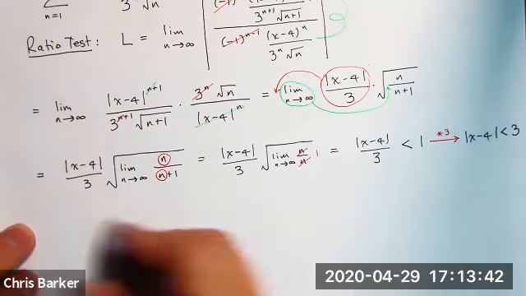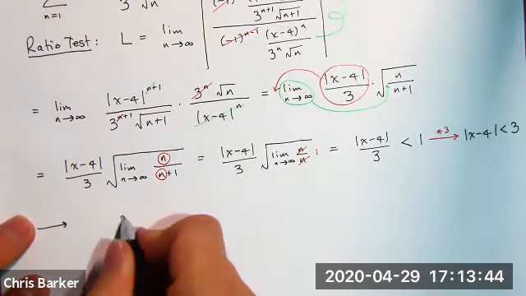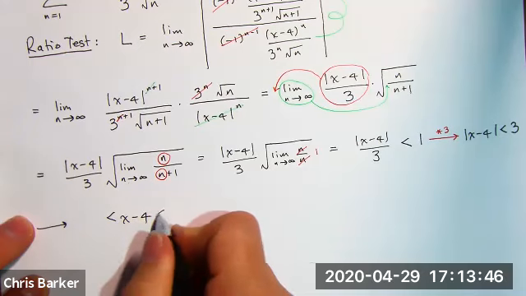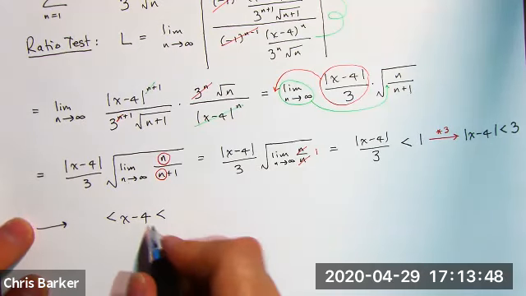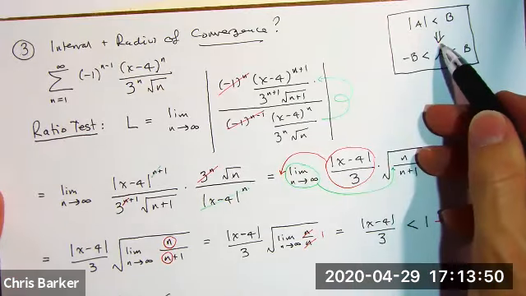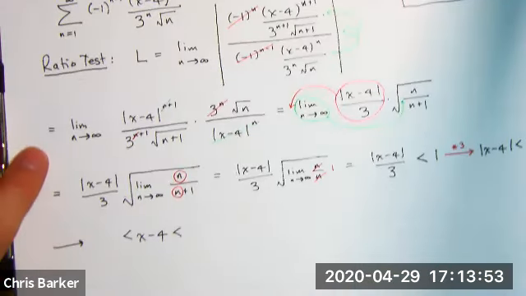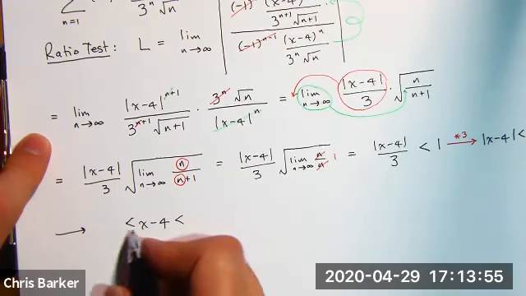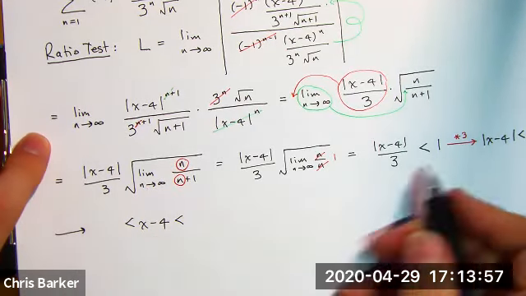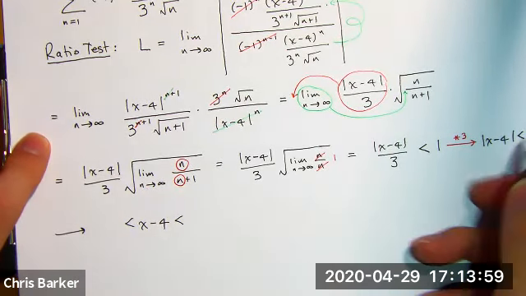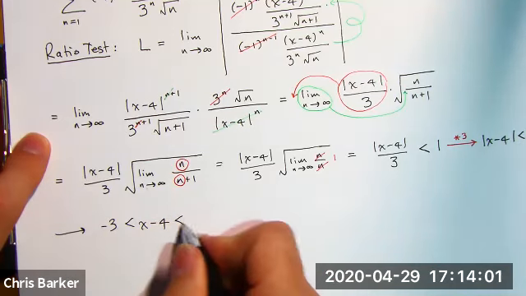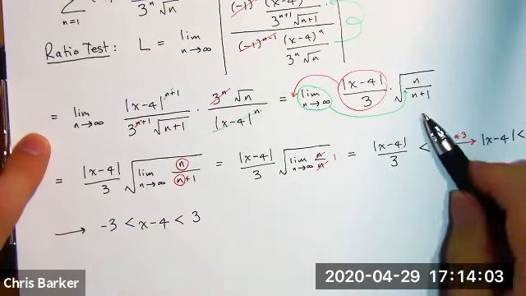And so that implies that x minus 4 itself would lie between, using this rule, where does it lie between? Negative 3 and 3, yeah.